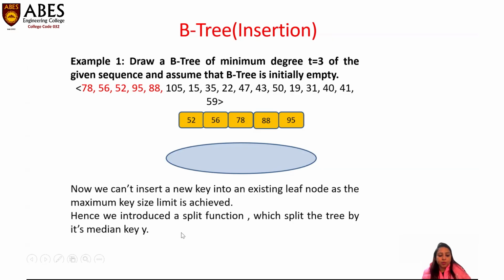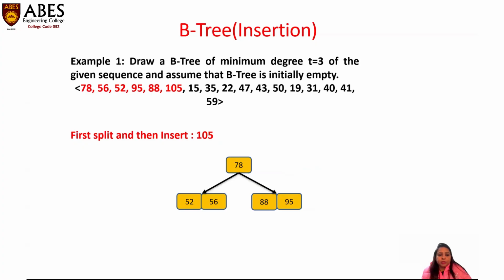Hence, we introduced a split function where we split the node by its median value, where the median 78 will move towards the upper part, 52, 56 will become the left child, 88 and 95 will become the right child. So first we'll split and then we'll insert 105. So 78 is the median value. So 78 has been lifted up where 52, 56 is the left child, 88 and 95 are the right child.